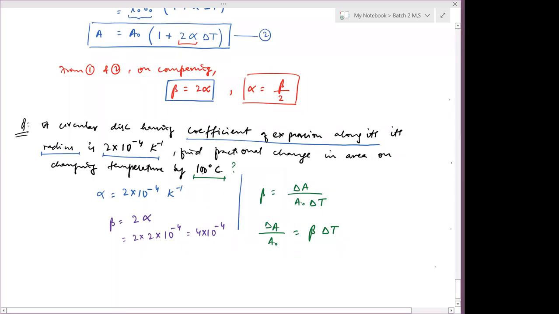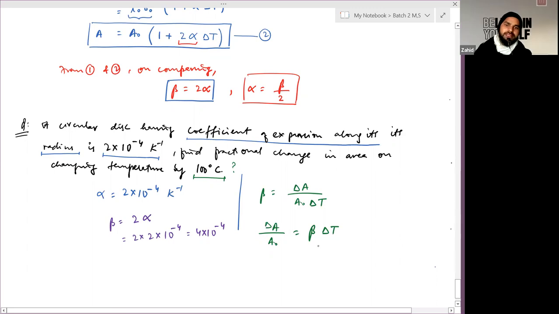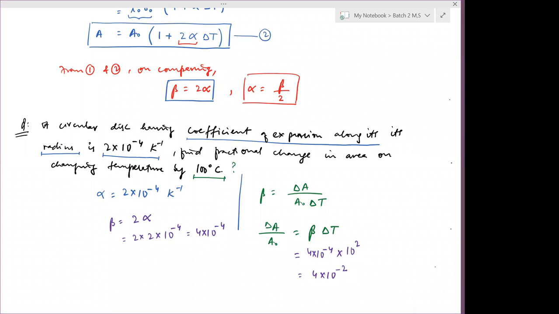Now we have temperature difference of 100 degrees Celsius. Put this in this expression. Beta is 4 into 10 to the power minus 4 and temperature difference is 100. We may write it as 10 to the power 2. So on simplifying, you will get 10 to the power minus 4 plus 2. It will be 10 to the power minus 2. Is it clear? Yes, sir. Asma, any doubt?